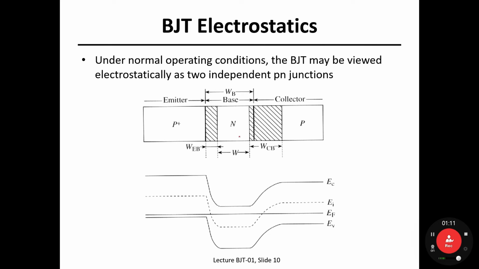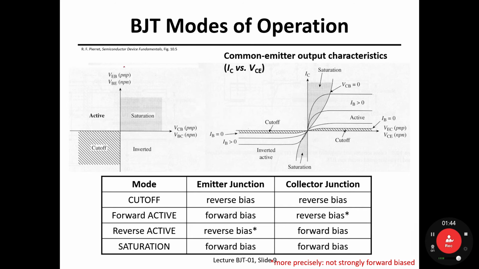As shown in this lecture note, you can see the cross-sectional view of a PNP BJT: emitter, base, collector. As described here, under normal operating conditions, that means the emitter base junction is forward biased and the collector junction is reverse biased, then the BJT is working in active mode, as we have learned in the very last lecture note.